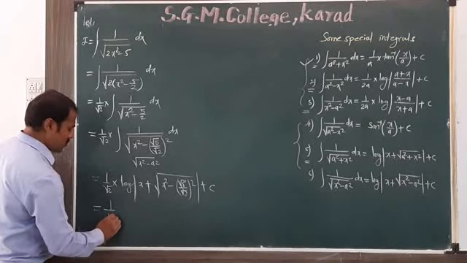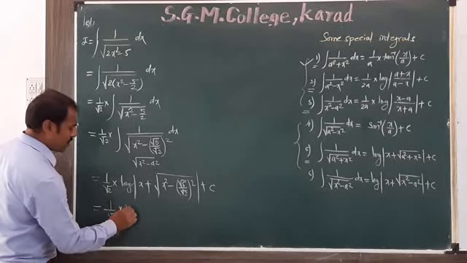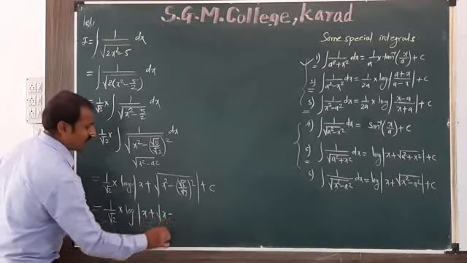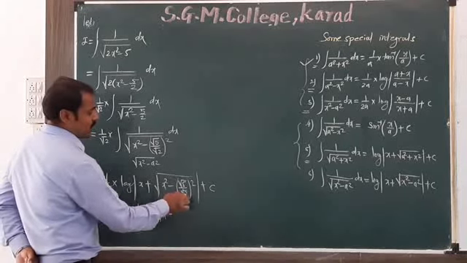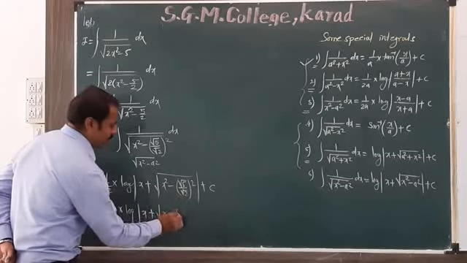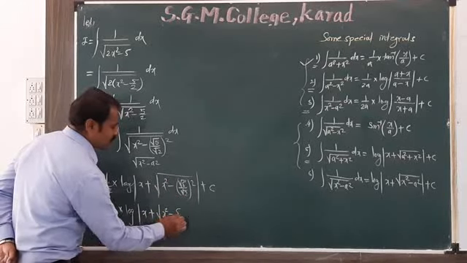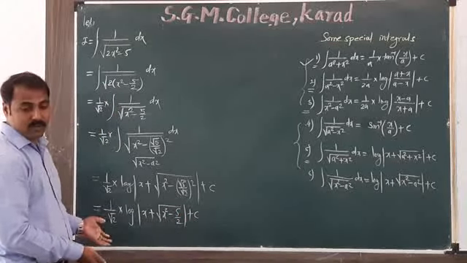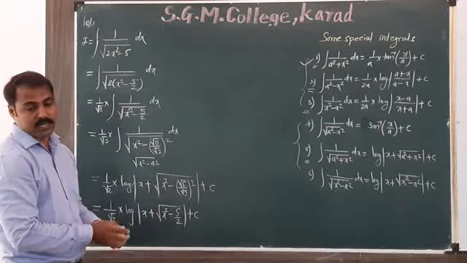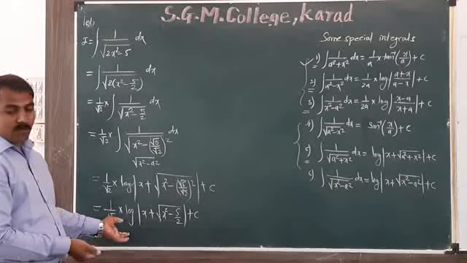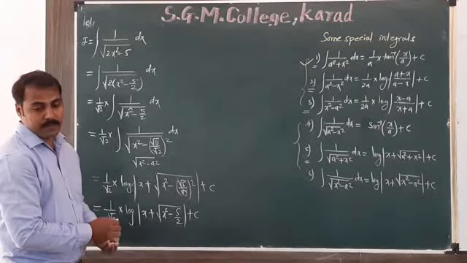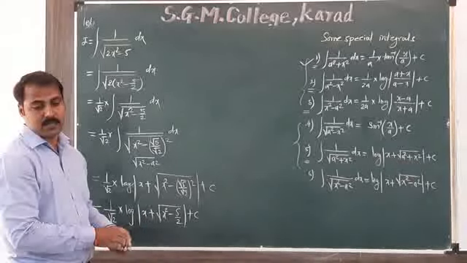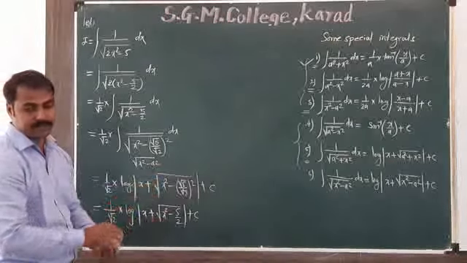That is 1 upon root 2, the constant as it is, into log of mod of x as it is plus square root of x square minus 5 by 2, plus constant of integration c. It is our final answer, okay. 1 upon root 2 into log of mod of x plus square root of x square minus 5 by 2, okay.